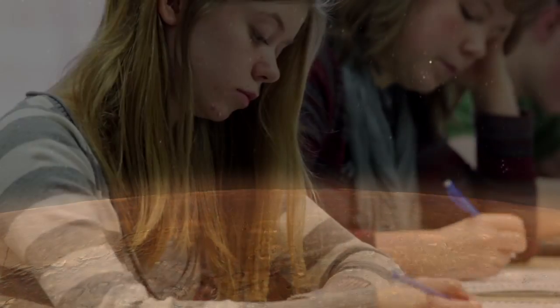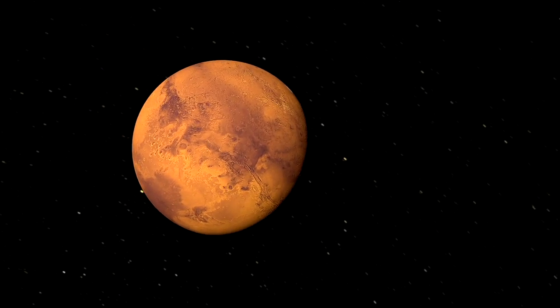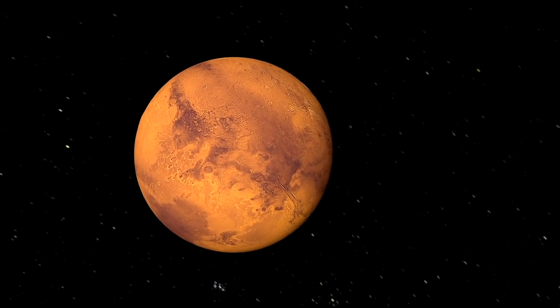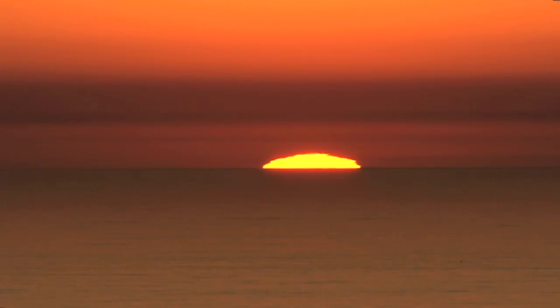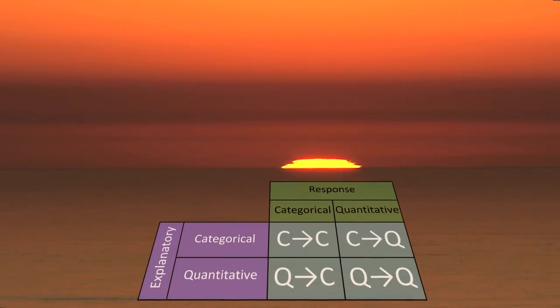For both Gapminder and the Mars Crater data, there are many quantitative variables, so you might choose to categorize one of them for inclusion in an ANOVA. Whatever types of variables you have, you'll be able to test the association with the right tool.